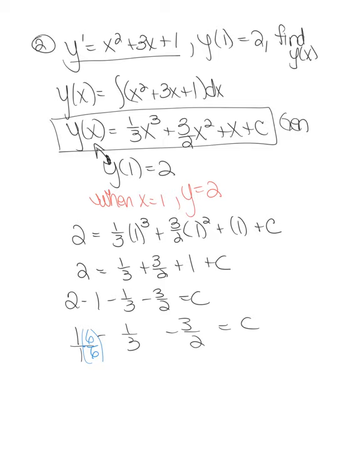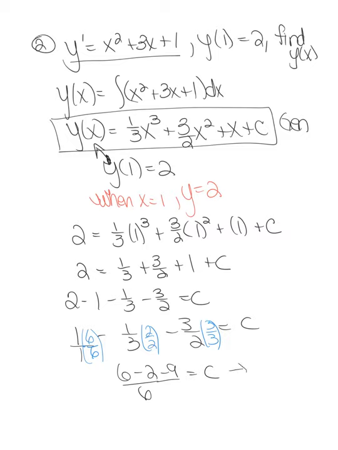Because if I notice for this 1/3, all I need to do is multiply this one by 2 to turn it into a 6. So since I'm not doing that to both sides, I can only multiply by 1, which is 2/2. And then finally, on the last one, I will multiply by 3. Notice that when I do that, they all have the same denominator, giving them a common denominator of 6, and I do what the top is saying: 6 minus 1 times 2 is 2, minus 3 times 3 is 9, is equal to c.